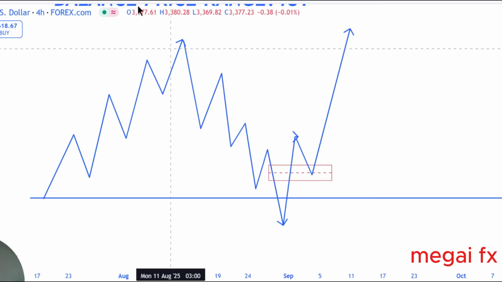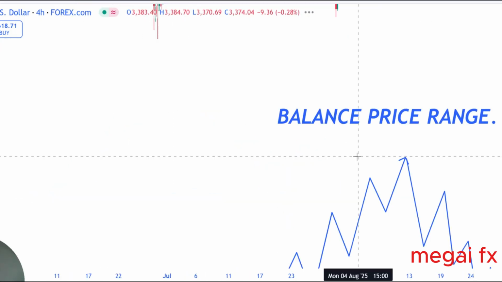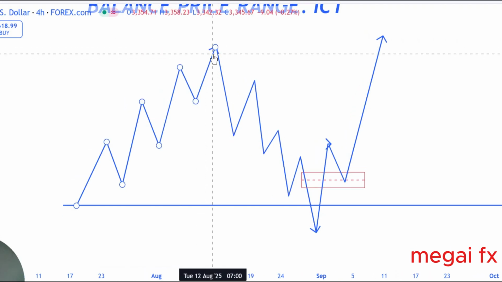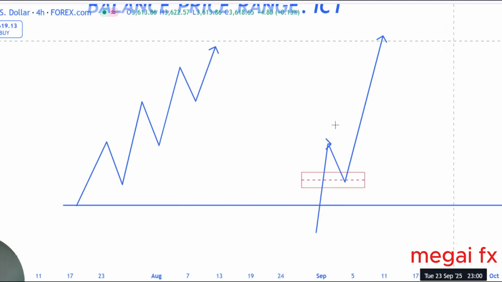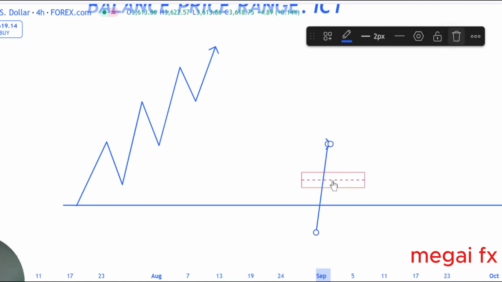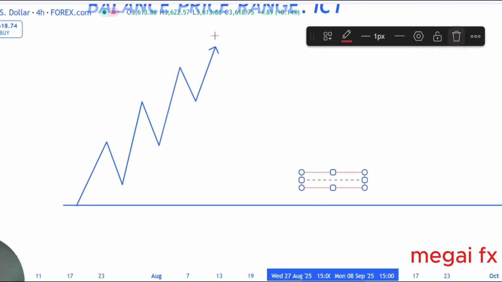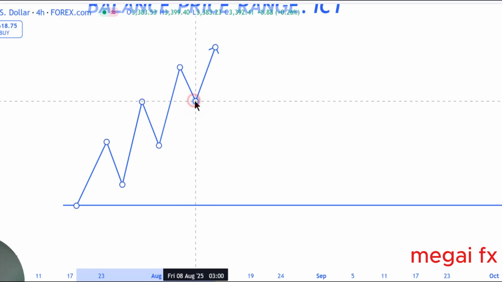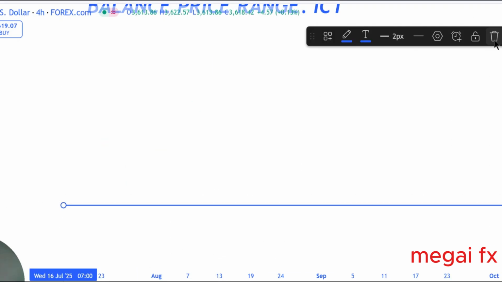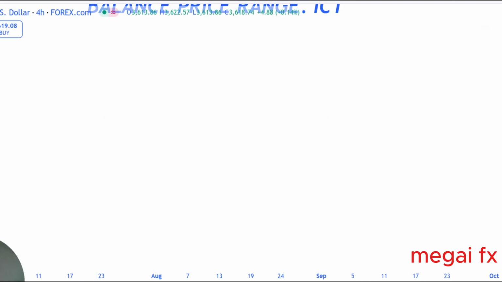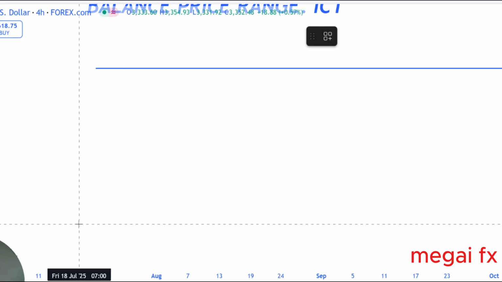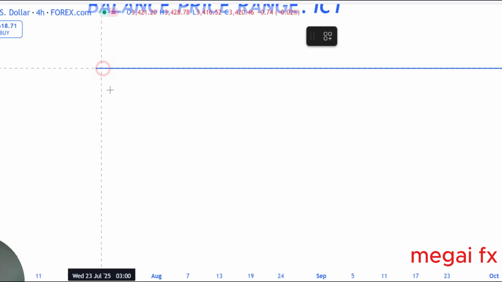Same thing applies the other way around. Let's assume we flip this chart around. Let's say I am having a swing high here and market formerly created a high here.